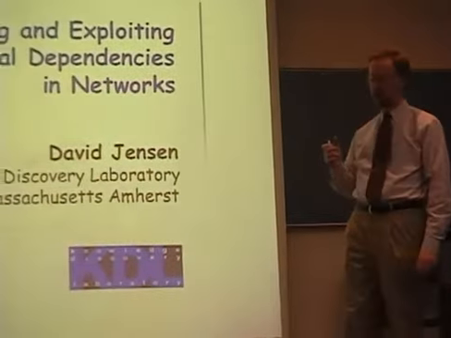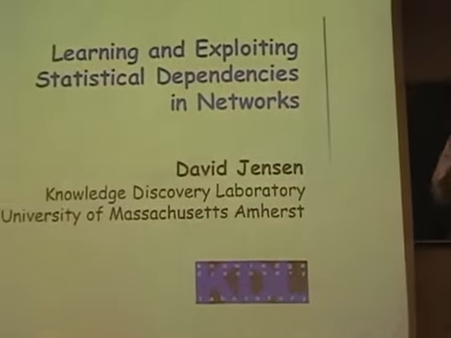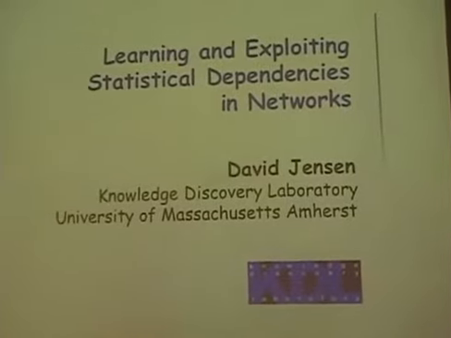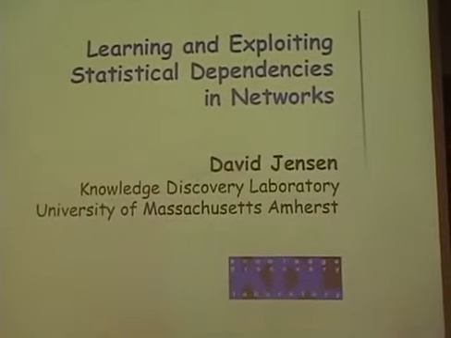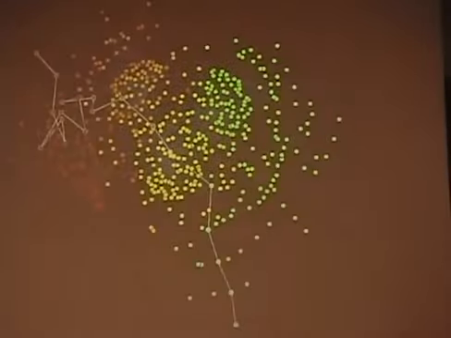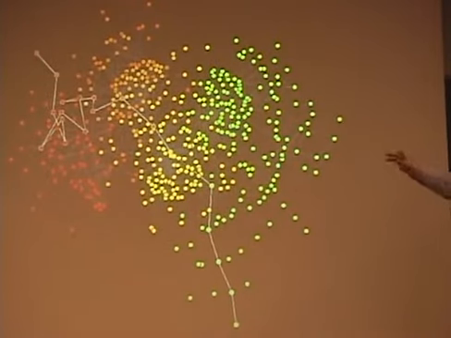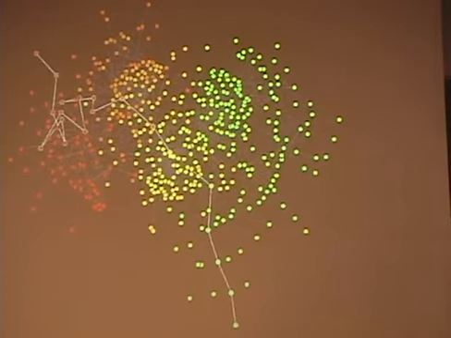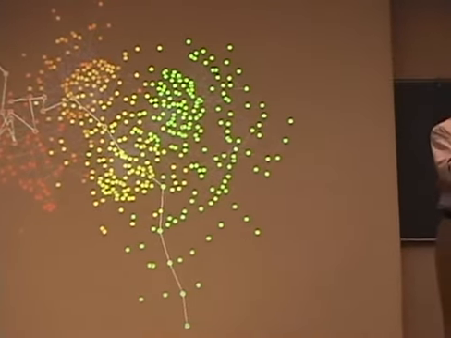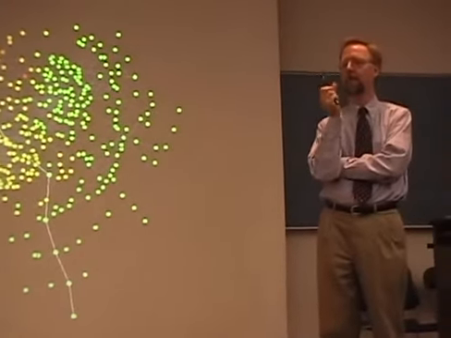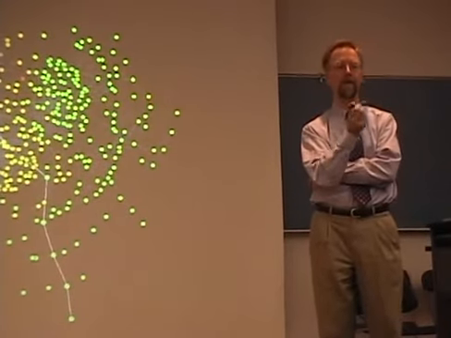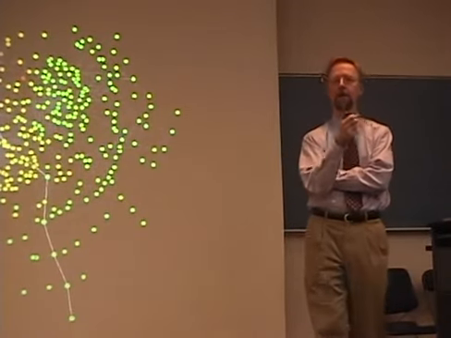So I'm going to talk today about work that we've been doing in my group on analyzing networks. And it may seem a little odd to come here and talk about these things, because primarily I'm going to be talking about networks of entities that are known. So real physical things in the world, people, places, things, events, not words and documents.